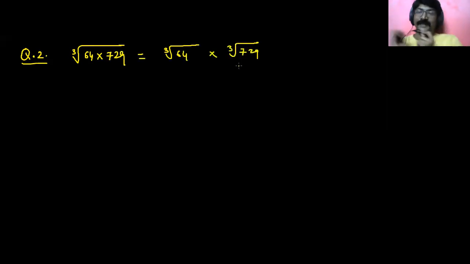And that's the reason I mentioned to you right in the beginning, when video number 1 was taught, please learn by heart at least the first 11 numbers' cubes perfectly, so that your chapter becomes really super duper simple. So the cube root of 64 is 4 and the cube root of 729 is 9.